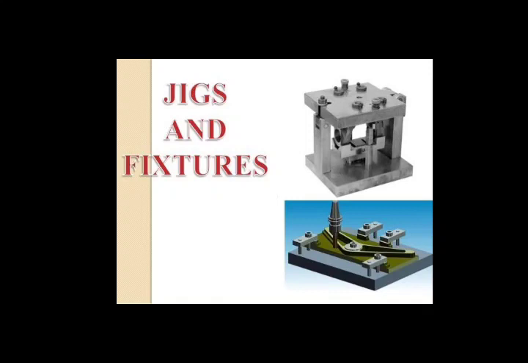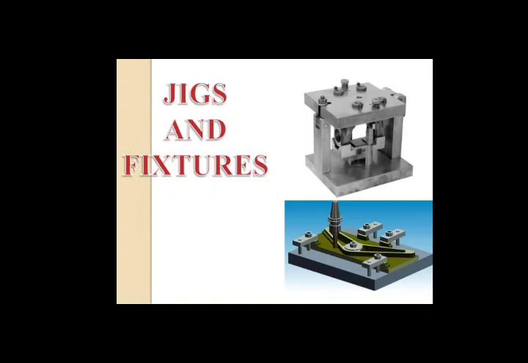Accuracy. Jigs and fixtures should be accurately designed and manufactured. Machinability is the ease with which a metal can be machined. Therefore, the material selected for manufacturing of jigs and fixtures should have good machinability. Simplicity. Complicated jigs and fixtures increase manufacturing cost without adding any value. Therefore, they should be as simple as possible.